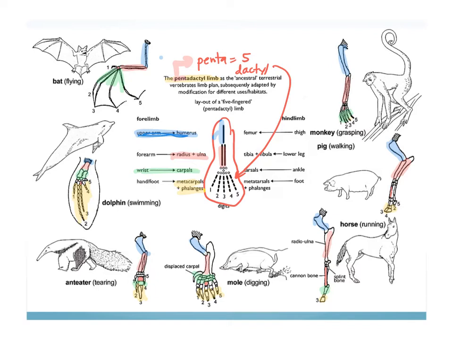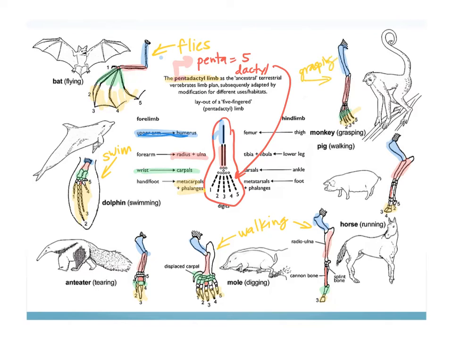Now, these limbs don't do the same thing, okay? So a bat, it flies. The fin is used for swimming. This leg is used for walking as well as that leg, okay? This arm is used for grasping.